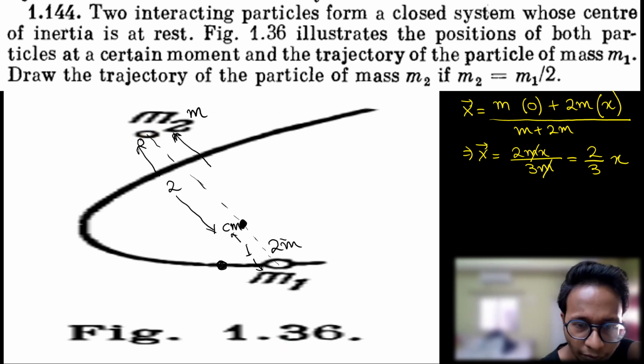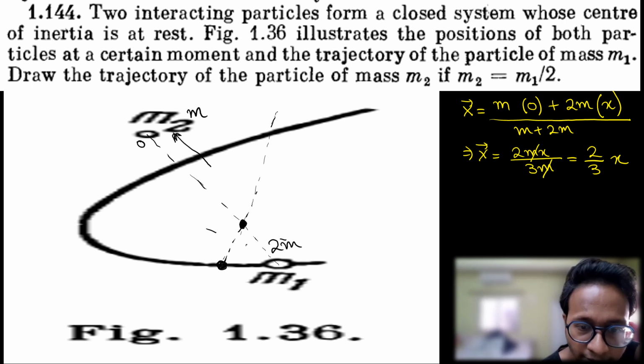See, I have to draw a straight line passing through the center of mass such that the ratio of this distance 1 and this would be 2.